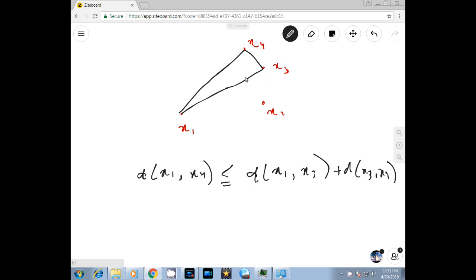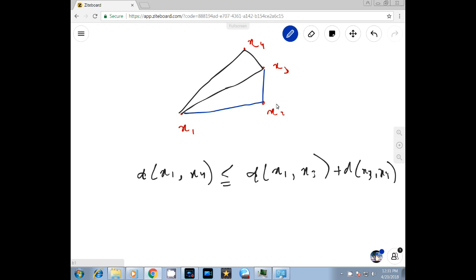Now move to the next triangle, which has the vertices x1, x2 and x3. That is this one. And in this triangle you can again apply the triangle inequality.